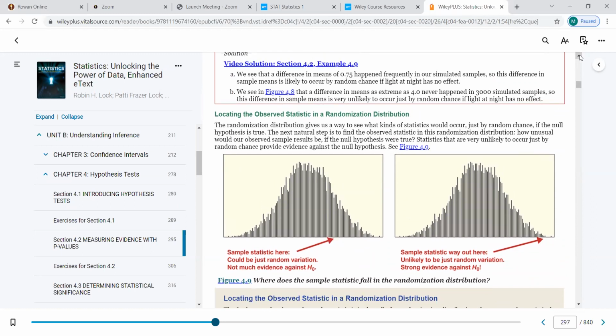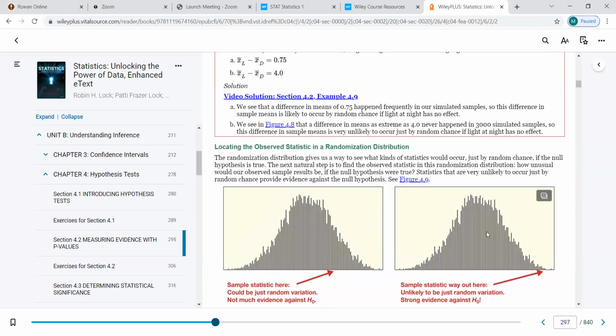The question that you may ask is, does that look like normal variation, something that could just happen whenever we think the population difference is 0? Could we get a sample with a difference like that of 0.75? What do you think?